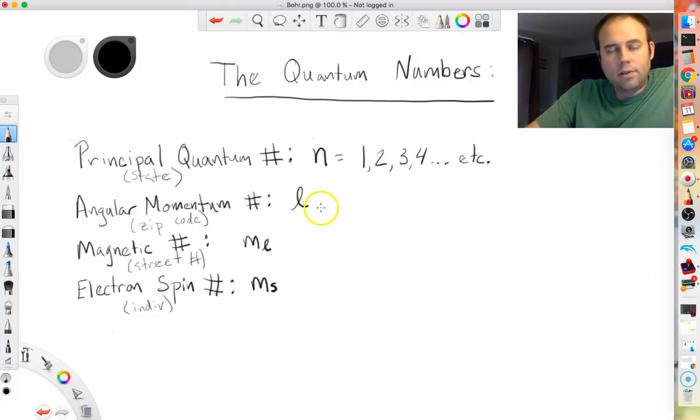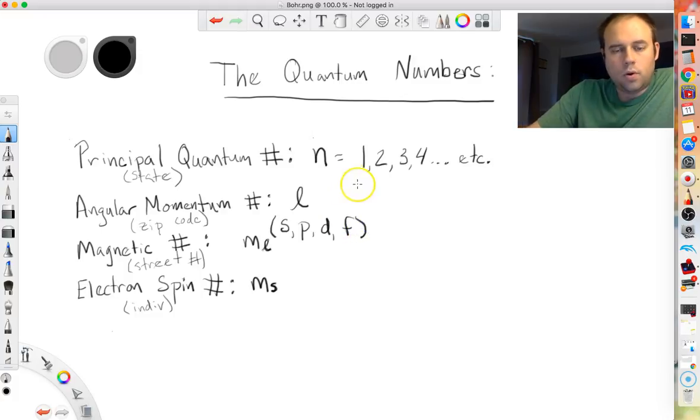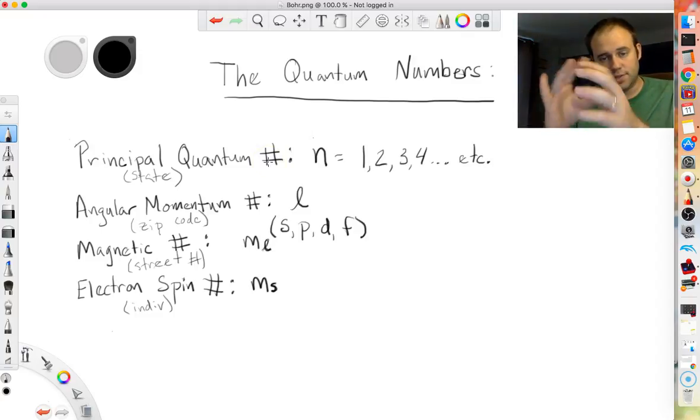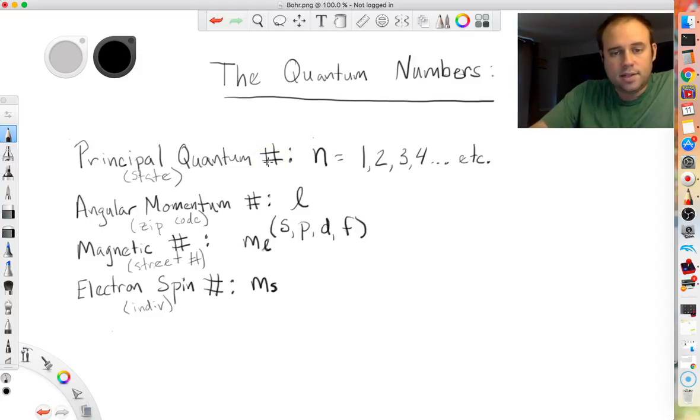Now, the angular momentum number has to do with the specific orbital we find ourselves in. And just to remind you, I don't know if you've gone over this a whole lot in your class, but s, p, d, and f are the different orbitals that we have available. Those are the types. So s is spherical in nature. It's a sphere. p is sort of dumbbell shaped.